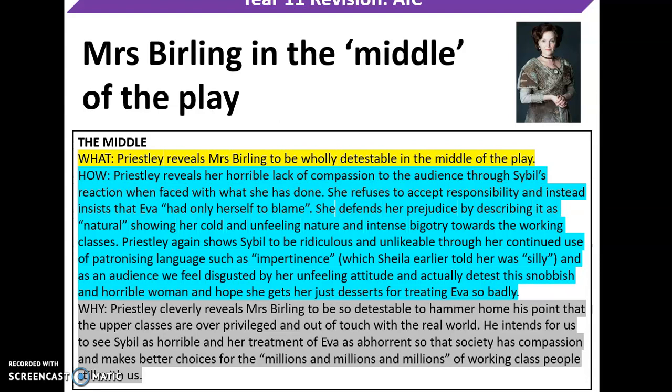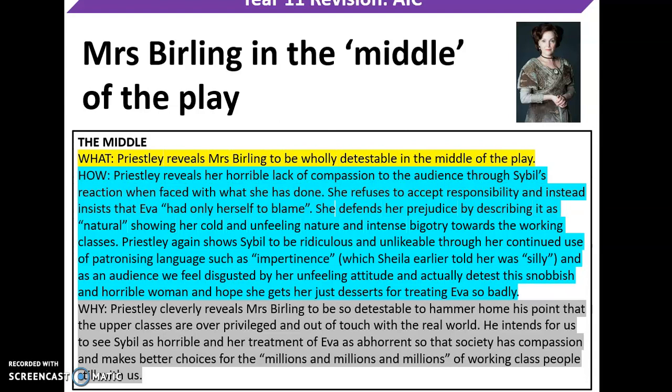Priestley again shows Sybil to be ridiculous and unlikable through her continued use of patronising language such as impertinence, which Sheila earlier told her was silly. And as an audience, we feel disgusted by her unfeeling attitude, and we actually detest this snobbish and horrible woman and hope she gets her just desserts for treating Eva so badly.